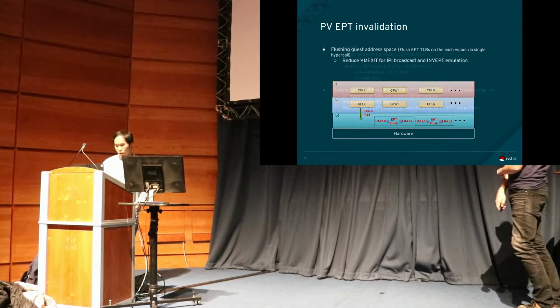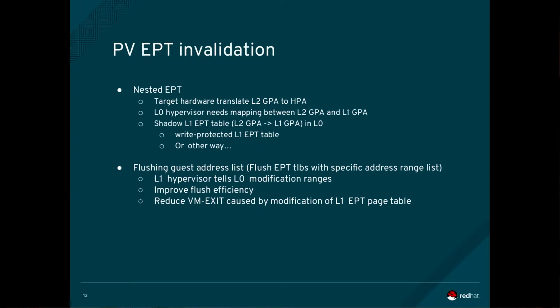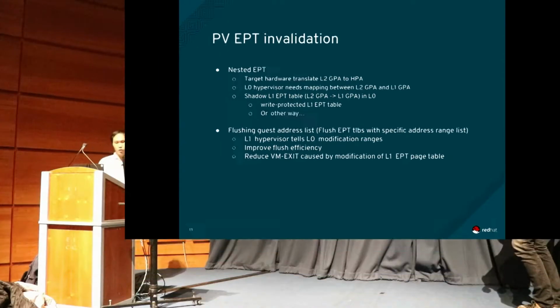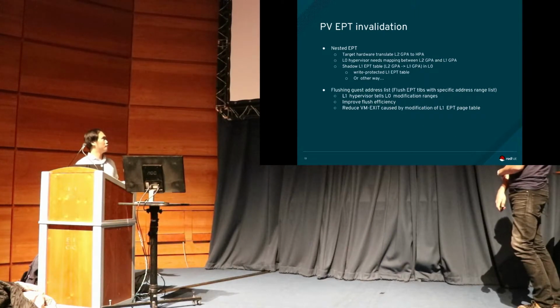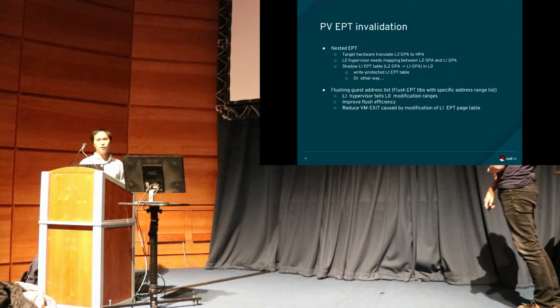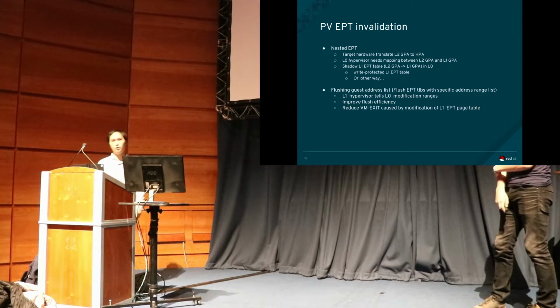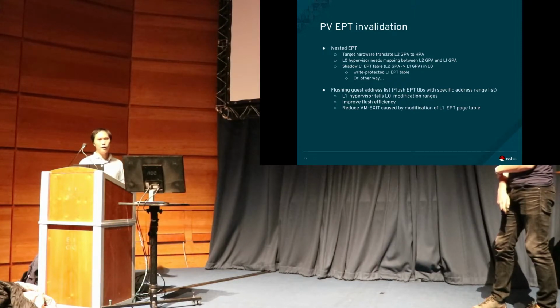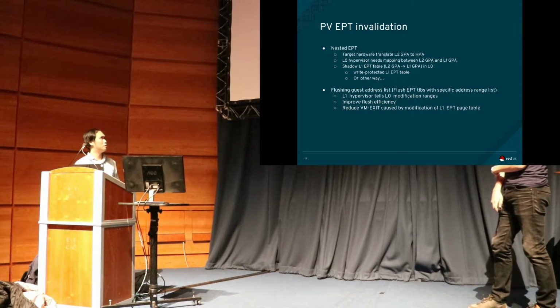For the second hypercall, let's see how the nested EPT works. First, the target of the nested EPT function is to translate the L2 GPA to the host physical address. But normally, the L0 hypervisor doesn't have the mapping between the L2 GPA and the L1 GPA.